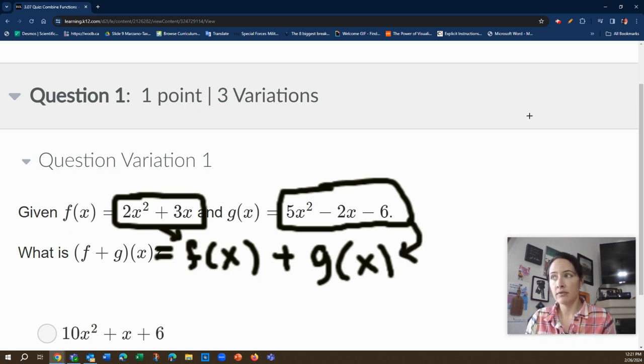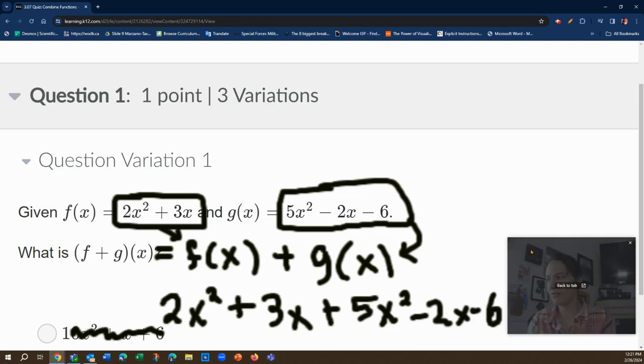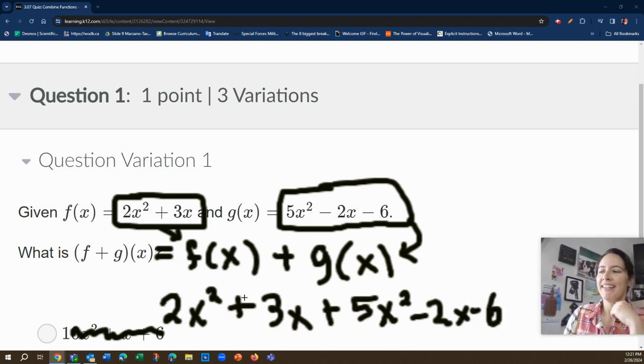Once we do that, I'll write it down here. 2x squared plus 3x plus 5x squared minus 2x minus 6. Now we're basically done. We just need that final step of combining like terms.